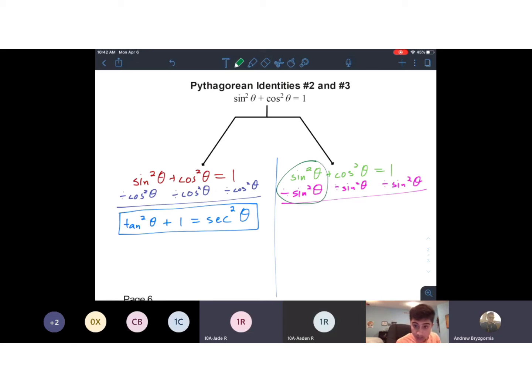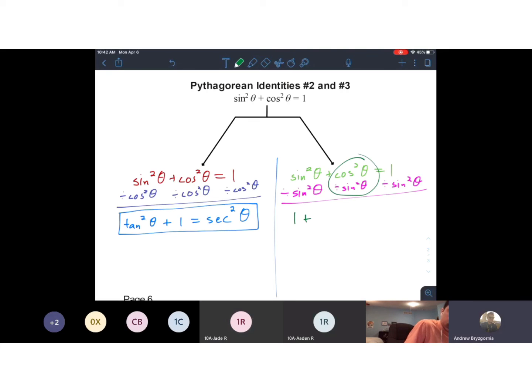Sine squared over sine squared, what is that? One. Now cosine squared over sine squared, what is that? Isn't that just tangent?